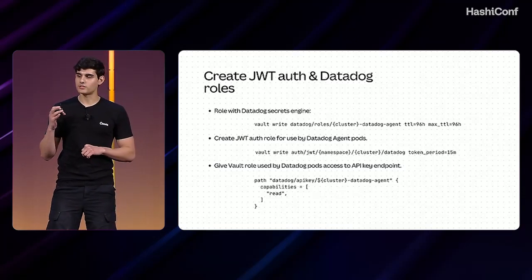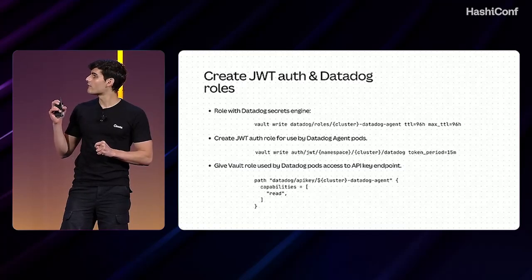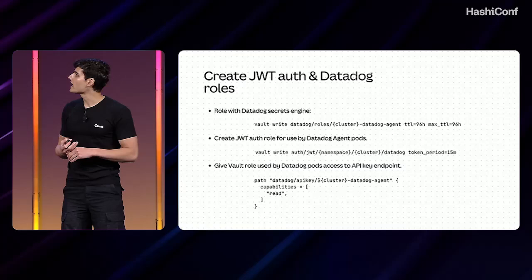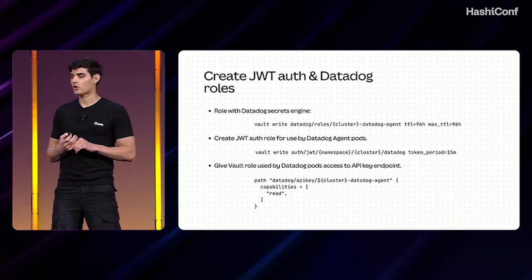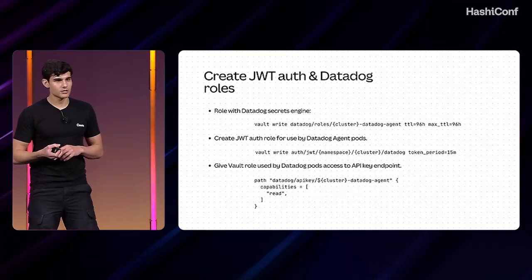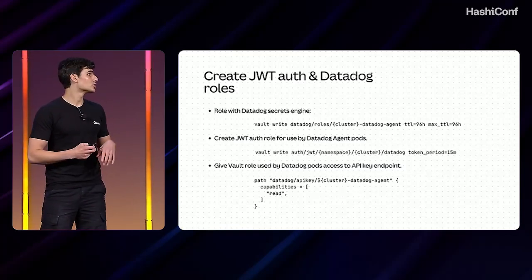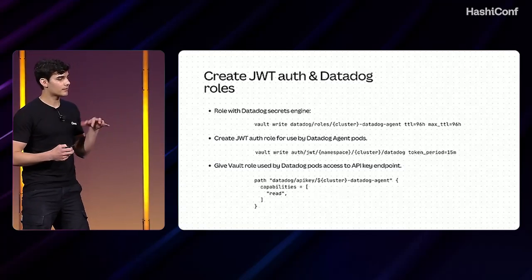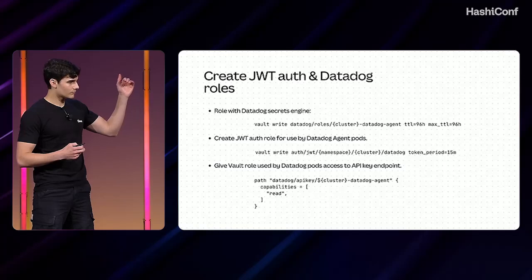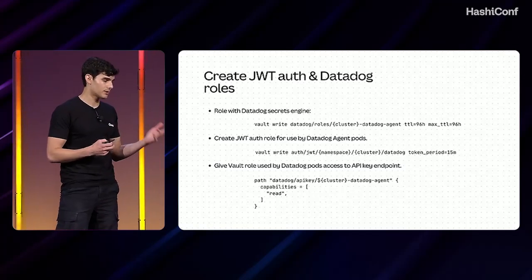Secondly, a JWT auth role with a policy attached that grants the permissions for the relevant datadog/api-key endpoint. Here, as you'll see, we use a periodic token with a period of 15 minutes. As a periodic token, it will live for as long as it's renewed. Should it fail to be renewed within the 15 minutes, it will become invalid, and that will cascade to any leases that are associated with the periodic token.